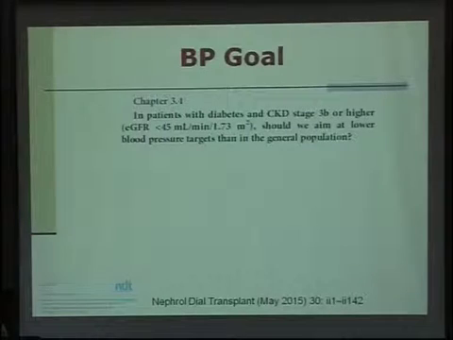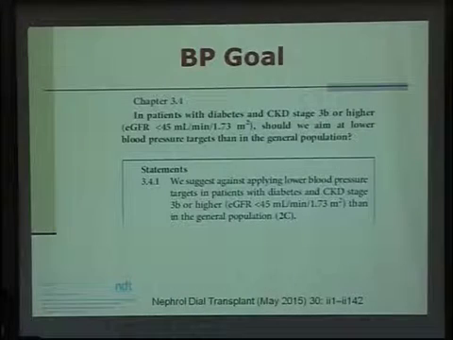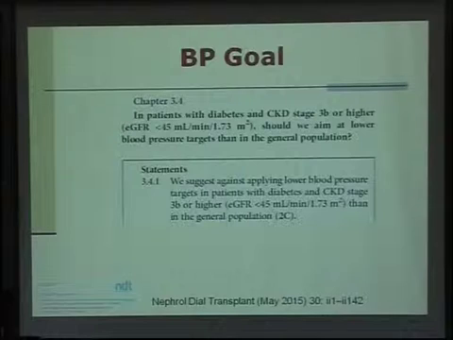In a patient with diabetes and CKD stage 3B or higher, should we aim at a lower blood pressure target than in the general population? The guidelines suggest against applying a lower blood pressure target in patients with diabetes and CKD stage 3B or higher, in comparison to the general population. So just use the general population guidelines. So these are newer modified guidelines.